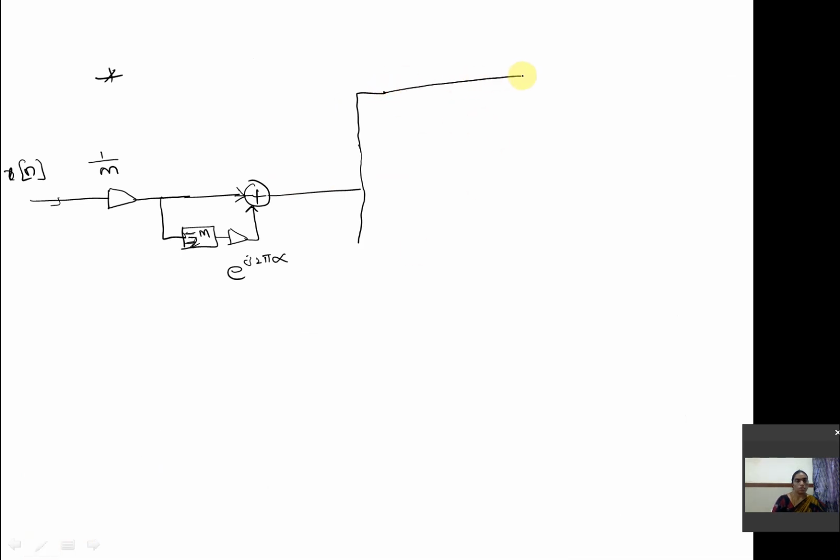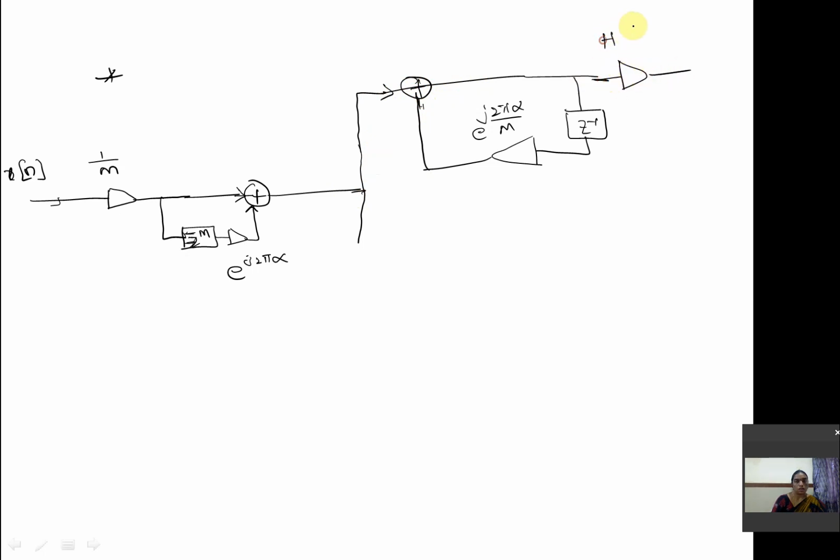See this, z inverse is multiplied by e^{j2πα/M}, which is added to this one. Now here take the multiplier H(α). This is the first one.